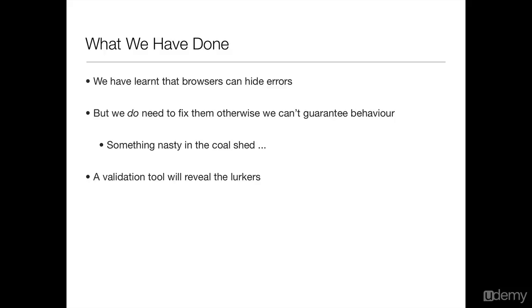But as a result of that, if you're only relying on the browser to pick up errors, you may well be publishing documents which have got little pernicious problems in them, and sooner or later something's going to happen to reveal those lurking problems, and it can be extremely tedious to actually find them out.